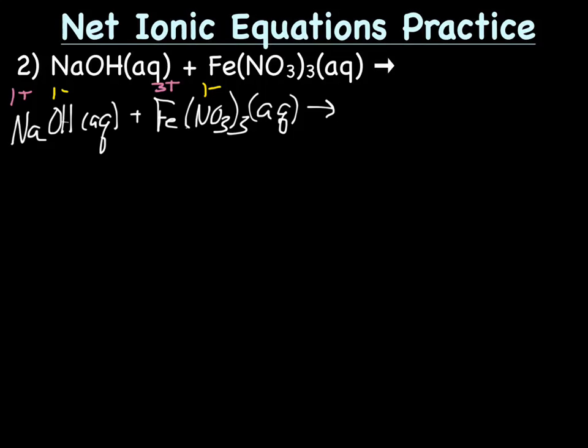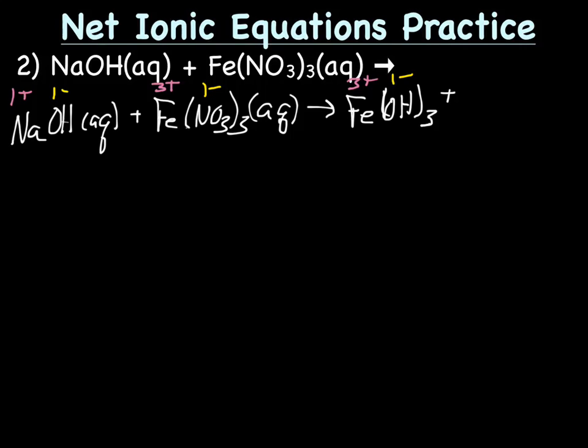Okay, and now the positives are going to switch places, so we're going to end up with Fe with a 3 plus charge, and OH with a 1 minus charge. Looks like we need to neutralize charges here, so we're going to end up with FeOH3.